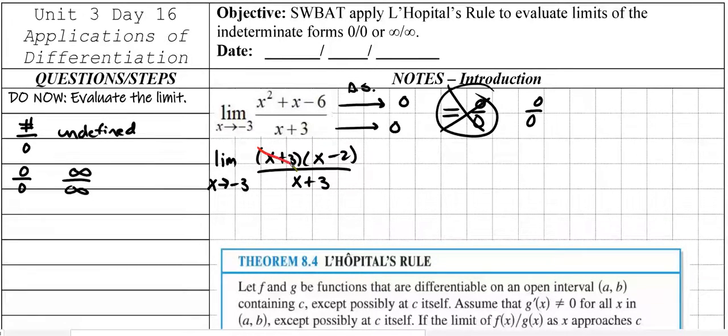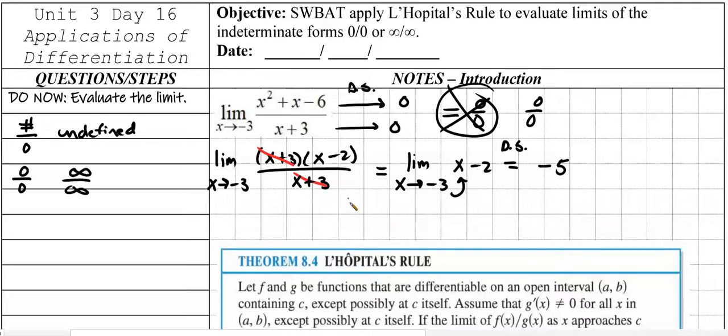You also may have noticed that x plus 3 and x plus 3 are on the top and the bottom. Therefore, you divide out, and now you have a new expression, which is x minus 2. And once you have this, you can direct substitute -3 into the x, and you get -5. And this is the limit for this limit expression.